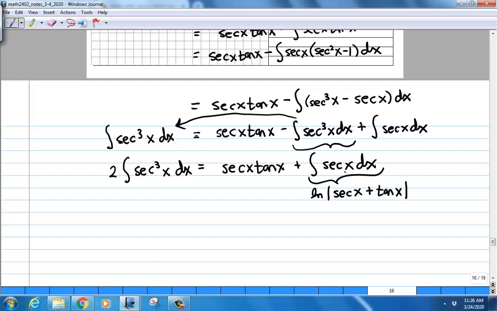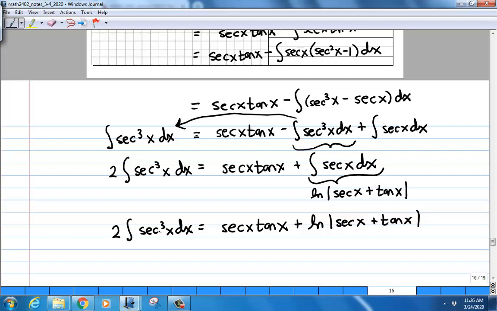So I can get rid of this integral because I know what its antiderivative is. So I have 2 times the antiderivative of secant cubed x dx equal to secant x tangent x plus the natural log of secant x plus tangent x.